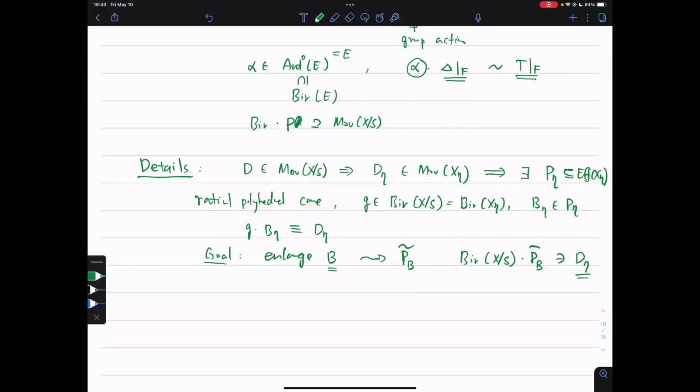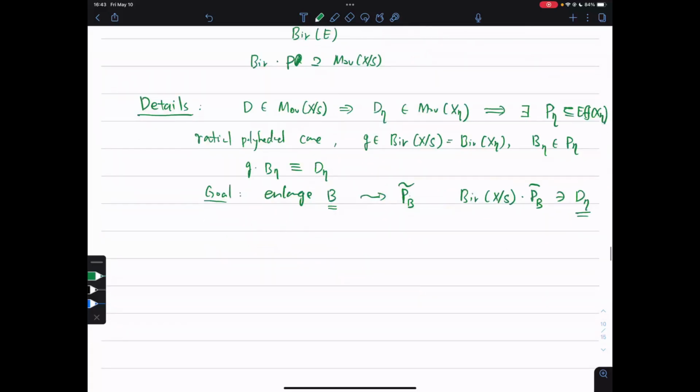Okay, how should we do this? We're using similar ideas, but we need to work in some new stuff. We consider the automorphism group of this generic fiber. I'm not doing this very rigorously, but this is how I think of this.